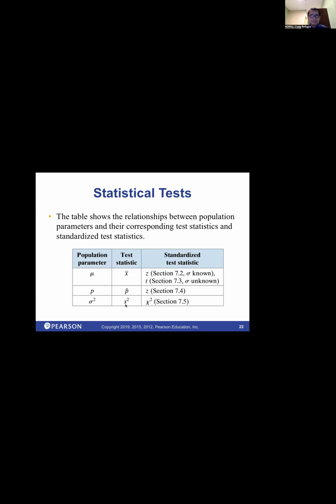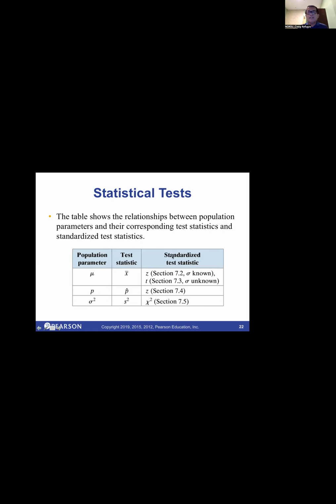S alone is the sample standard deviation. If you have s square, that means sample variance. If you have sigma square, that refers to population variance.